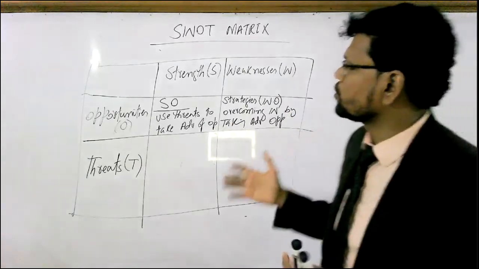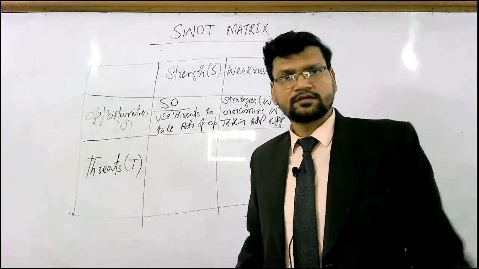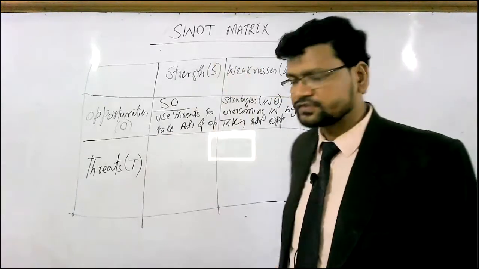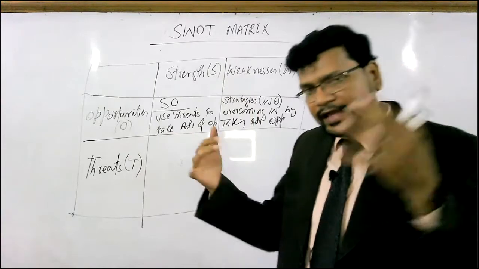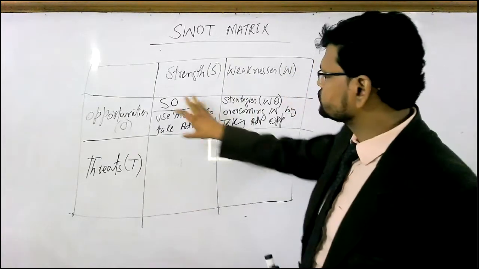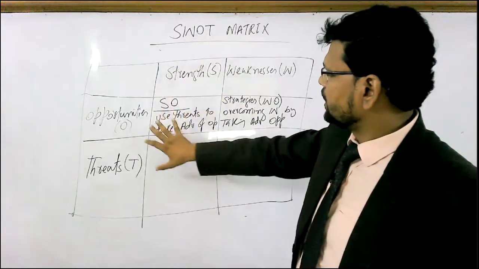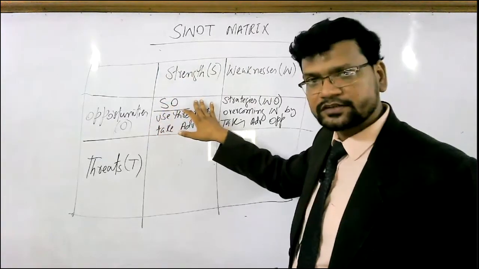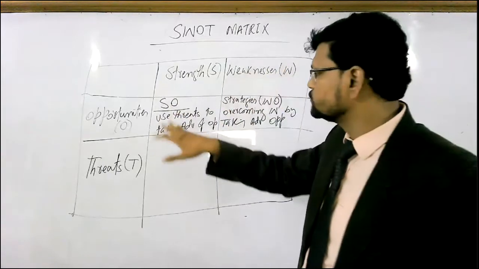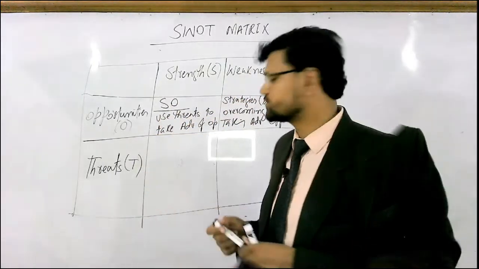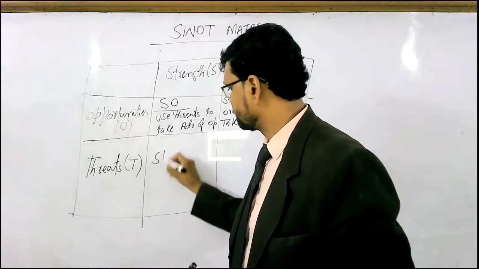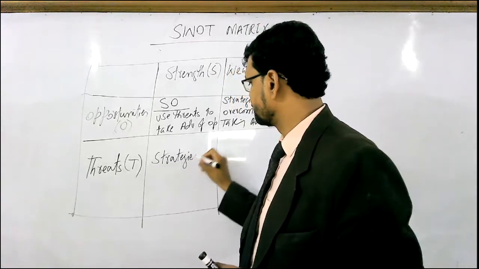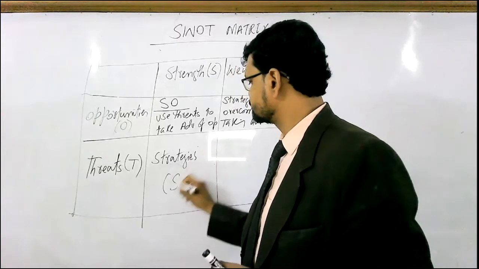So if you know the list of your internal strengths, and similarly you have a list of weaknesses, you will analyze them. And then you will come to this SWOT analysis, and you have to develop strategies. Then the purpose of the ST strategy is to use strengths to avoid threats.